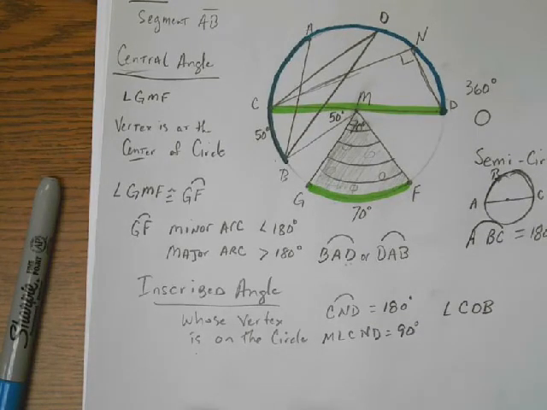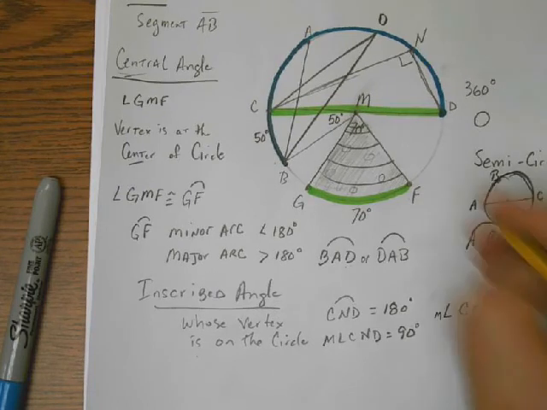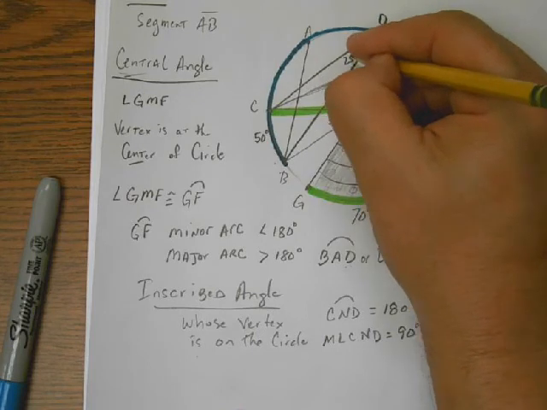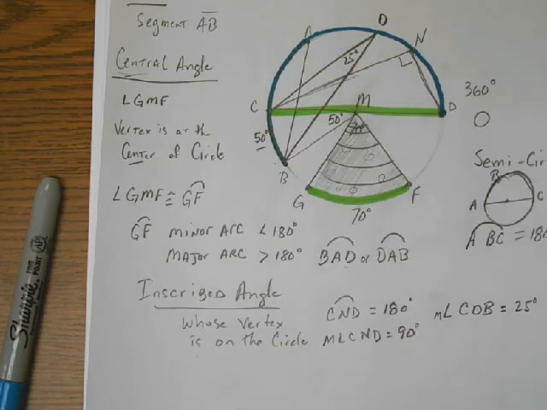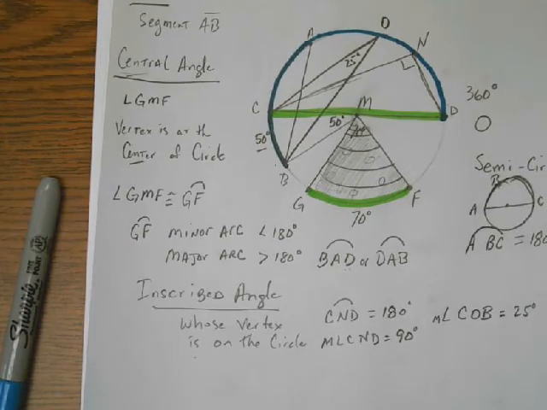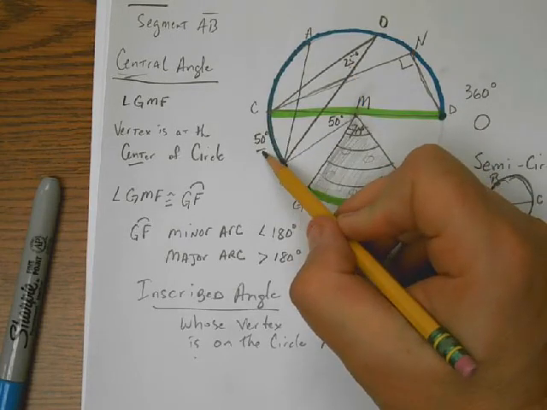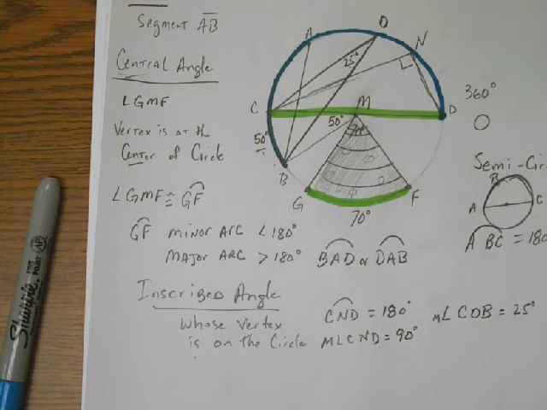It's half of its intercepted arc. And so the measure of angle COB is 25 degrees. Has to be, because this one's 50. Getting the tie-in now? If we knew that this was 25 first, then we would know that that's 50. Has to be. Okay?